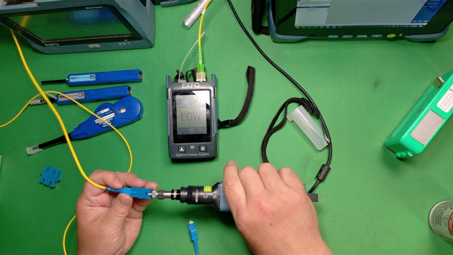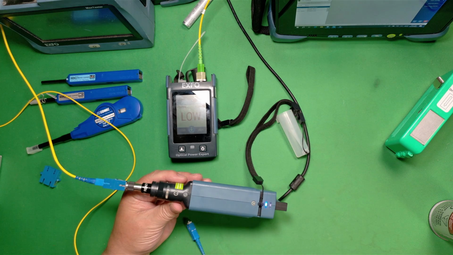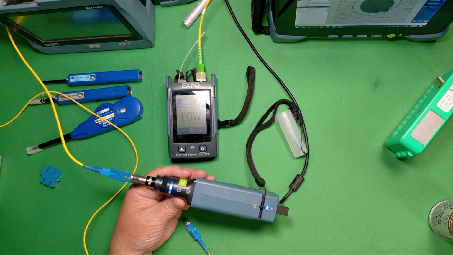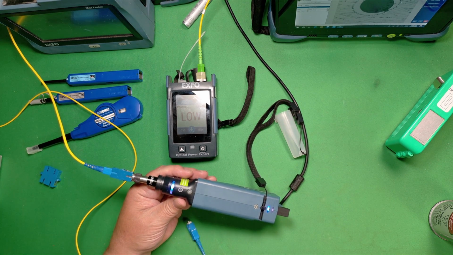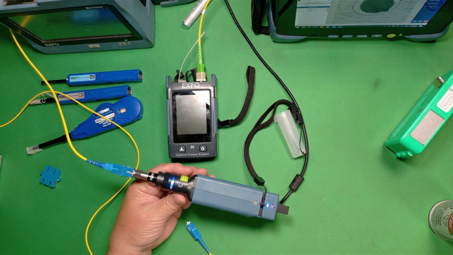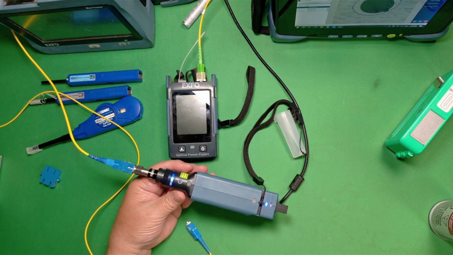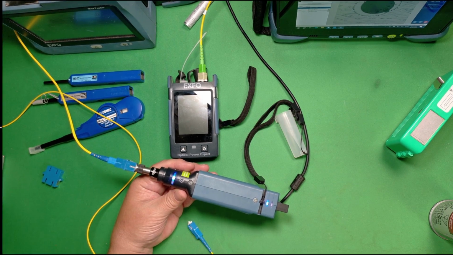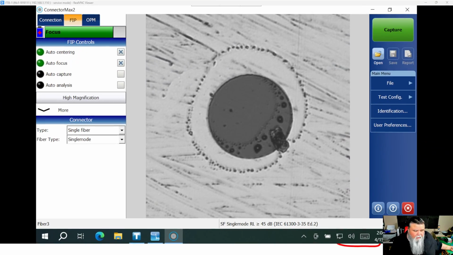So I'm going to plug in my fiber inspection probe here, and it's going to start to inspect the fibers. You can see it over here off to the side. I'll switch over to my test set, and you'll see that we have cross-contamination.